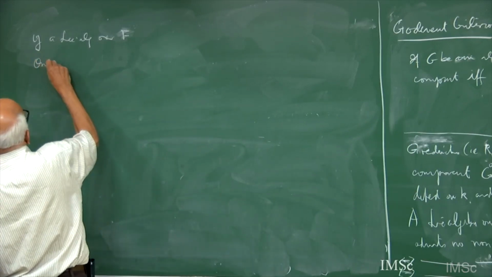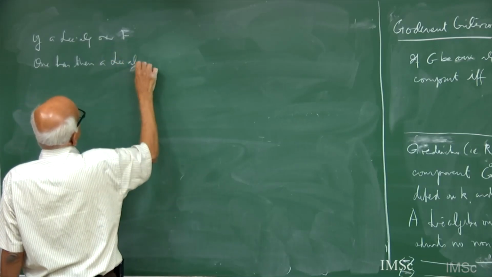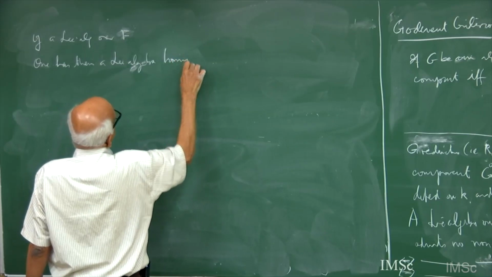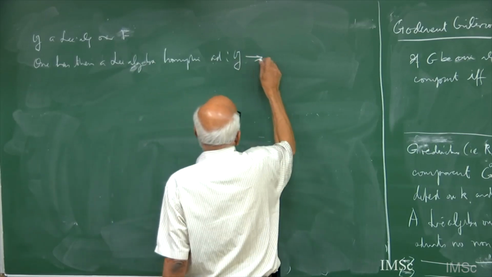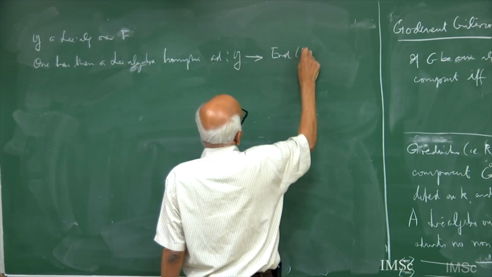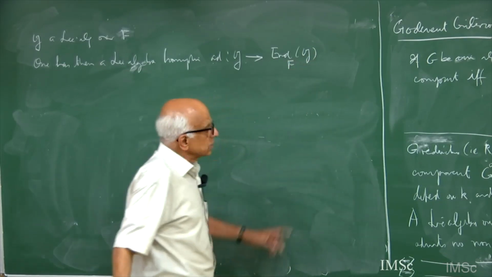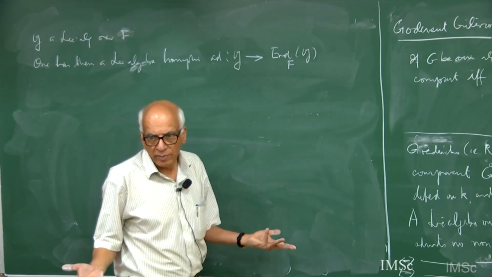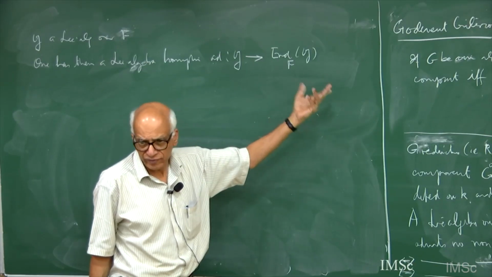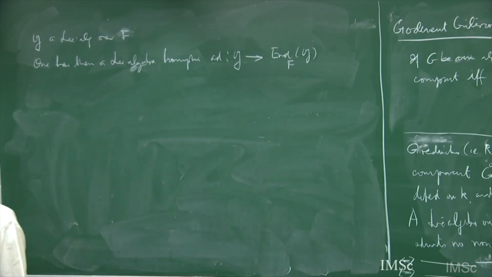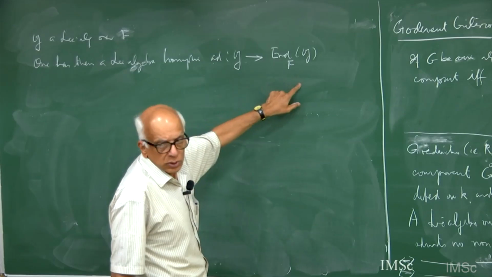One has a Lie algebra homomorphism called ad, which goes from G into the endomorphisms of G as a vector space. This is a Lie algebra in its own right. If you fix a basis, it's nothing but Mn(F), where the bracket operation AB minus BA makes it into a Lie algebra. And ad is a homomorphism from G to End(G).